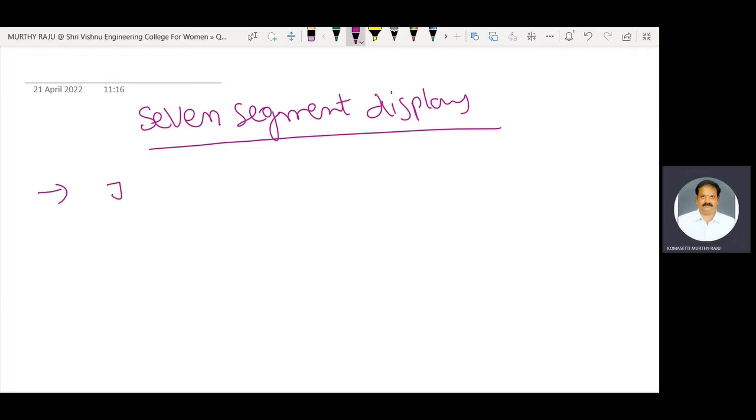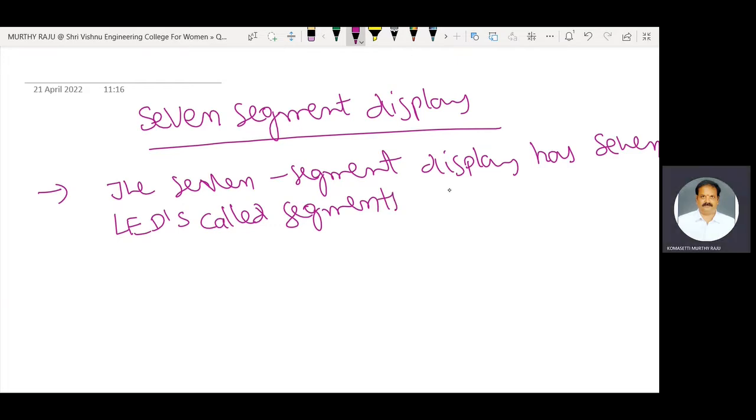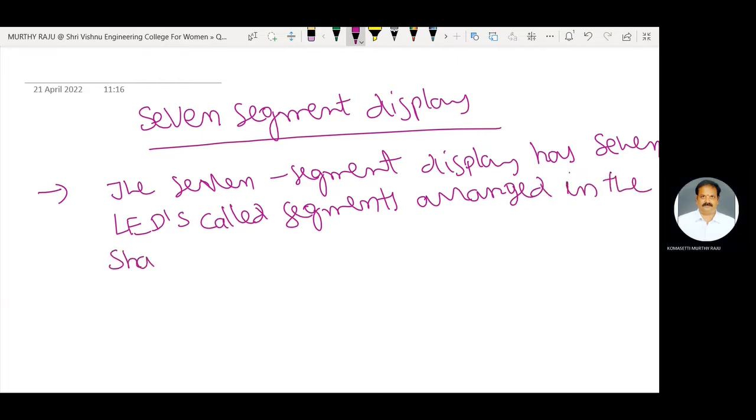First important point here is the 7 segment display has 7 LEDs called segments arranged in the shape of number 8.